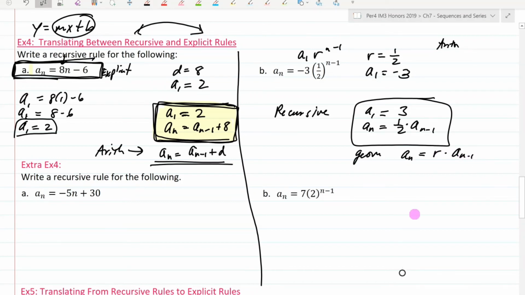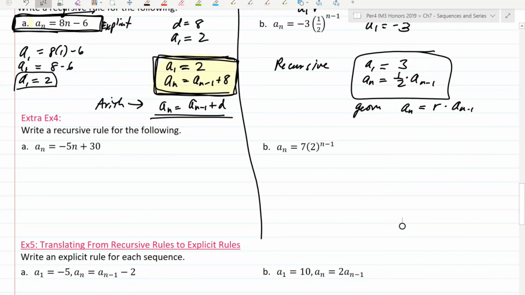Okay, so you guys go ahead and try the next two. Pause it and then come back. All right, so for the next ones, the d is equal to -5. Again, this is d. The first term is equal to -5 times 1 plus 30.